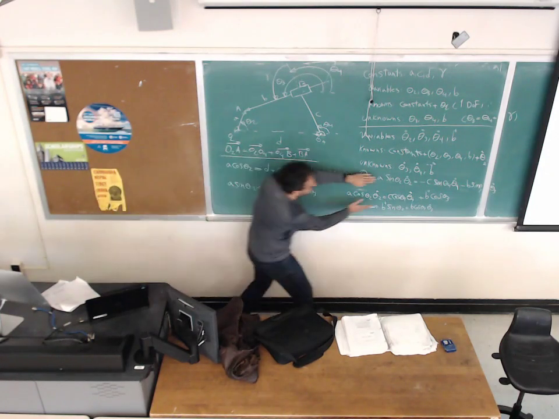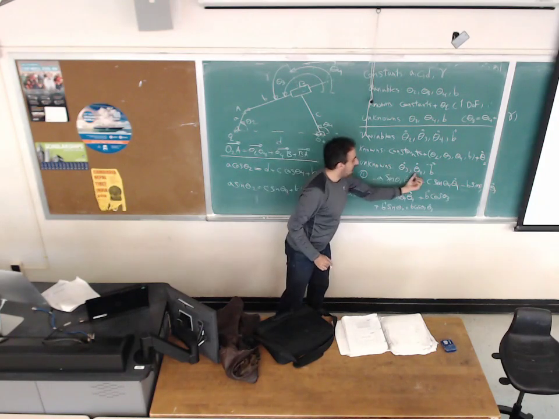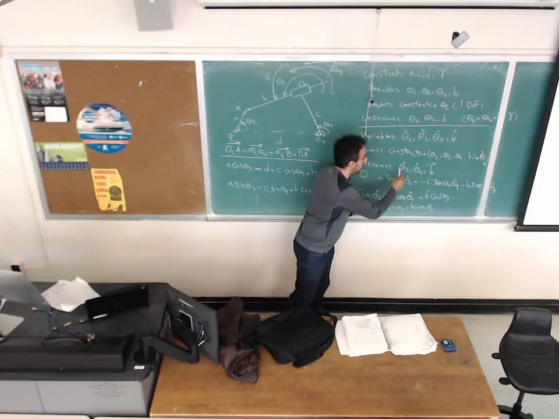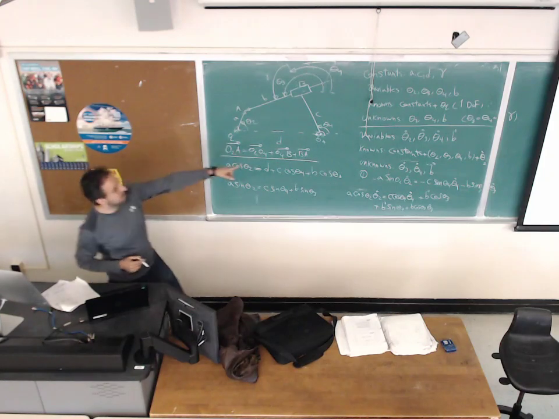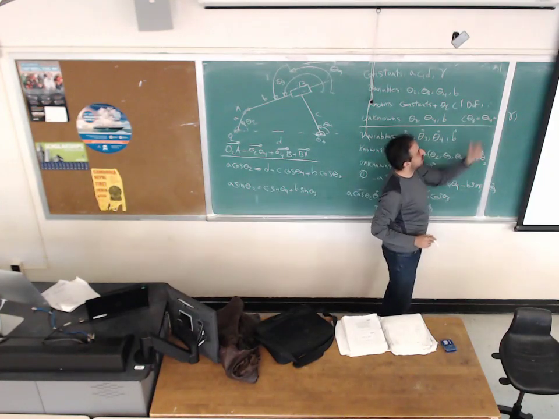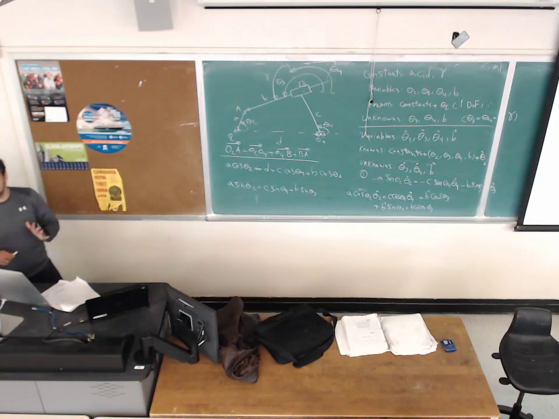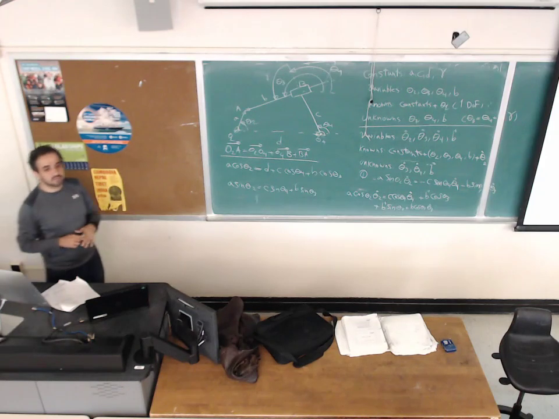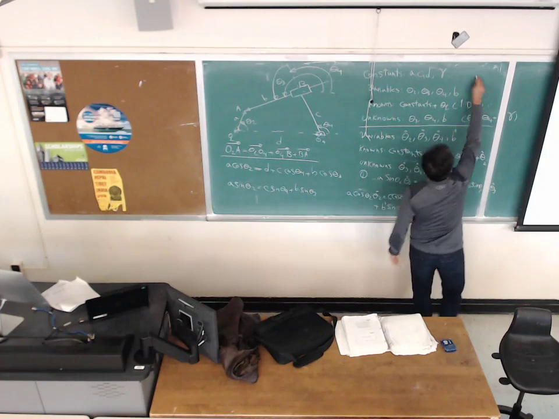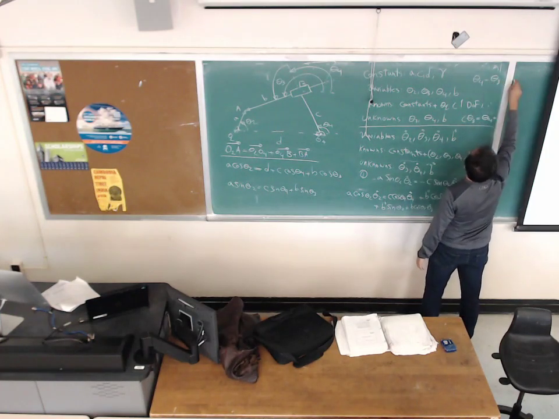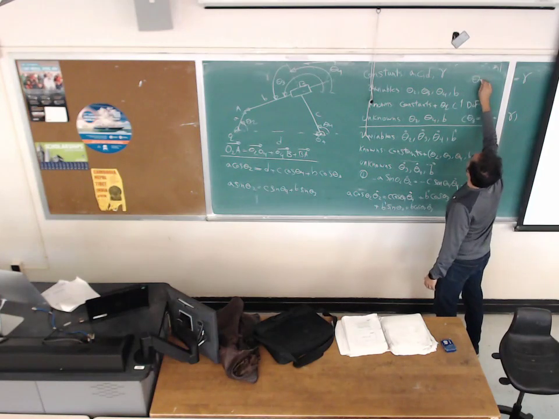All right, I have two equations, but I have three unknowns. Can you tell me how I can connect these two? We have the relation between theta 3 and theta 4. What would be the relation between theta dot 3 and theta dot 4? Theta 4 minus theta 3 equals gamma.